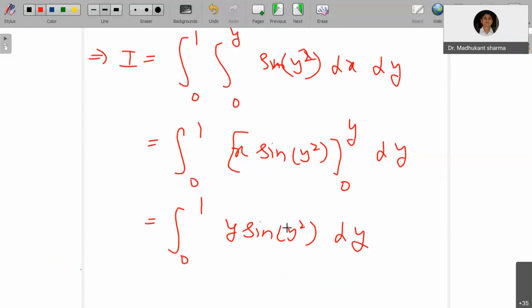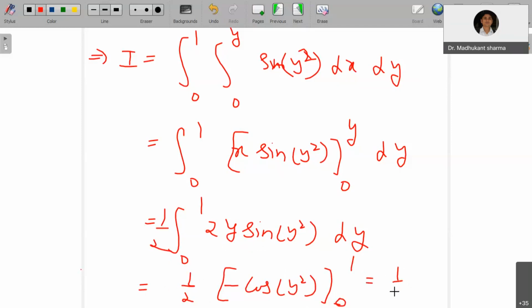Now you know the derivative of y square is 2y dy. So let's put 2y, multiplying and dividing by 2. So you know it is the derivative of cos, right? If you differentiate minus cos, it is going to be 1 by 2 times minus cos of y square, from 0 to 1.